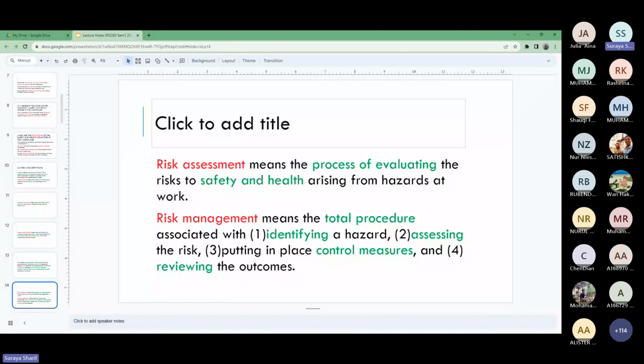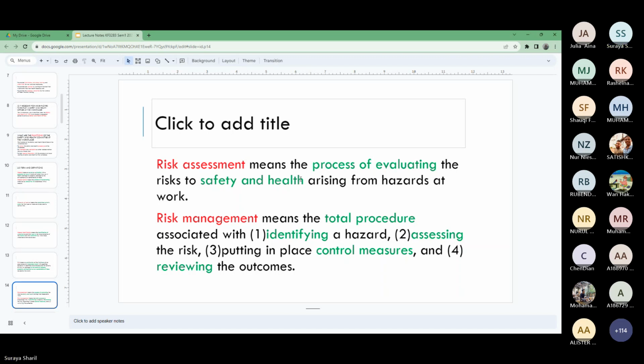Next is risk assessment, meaning the process of evaluating the risk to safety and health arising from hazard at work.